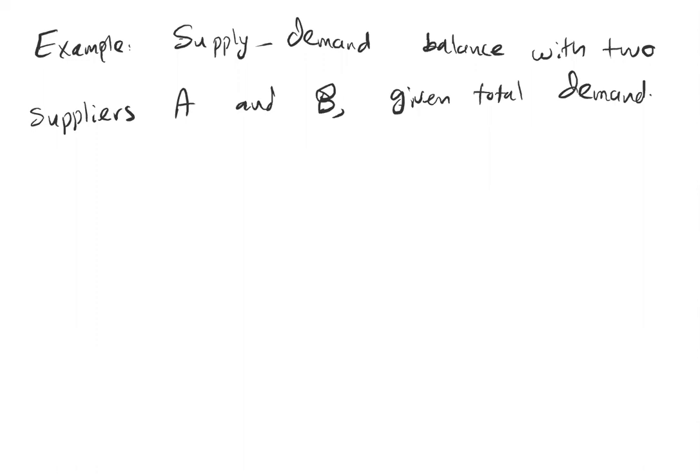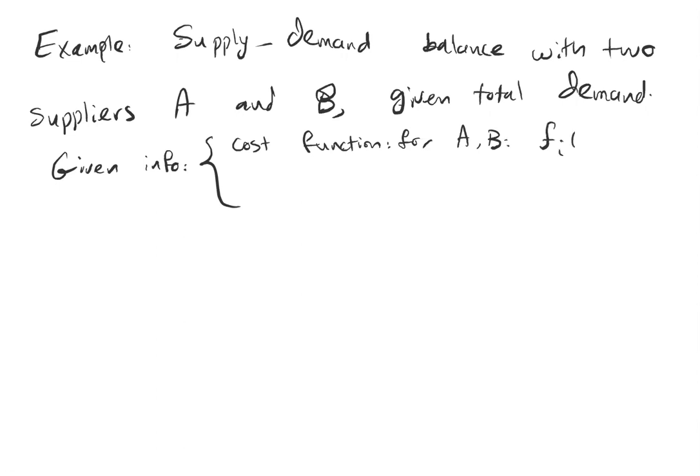First we have to see what our objective function is. Here in this problem, the given information, for example, can be the cost of storing data, or the cost of generating a certain product. Your cost function for supplier A and B is f_i of P_i, which is equal to a_i P_i squared.